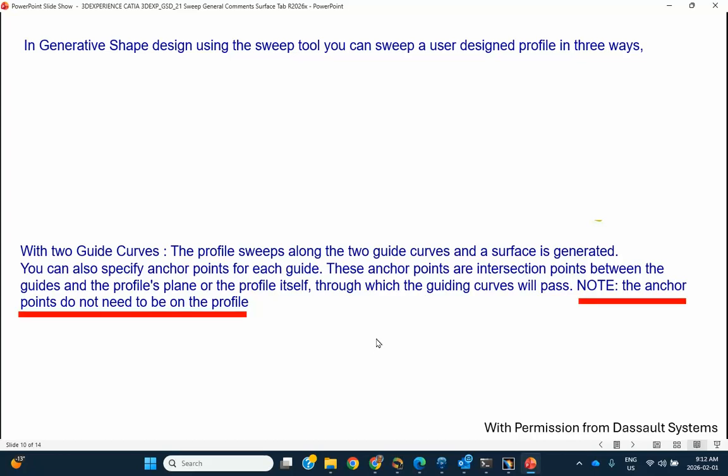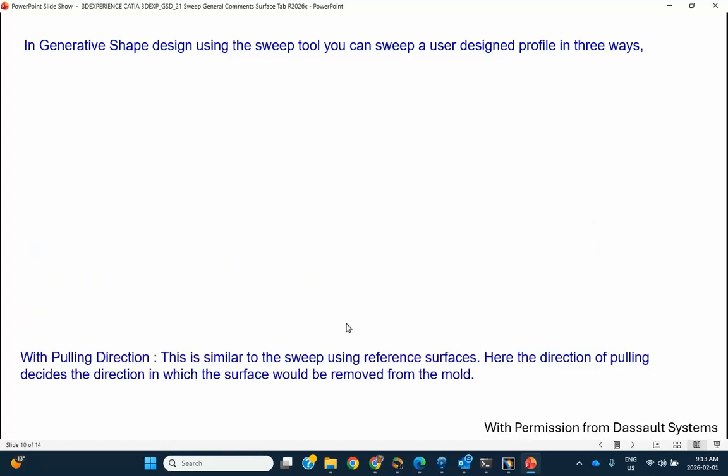For example, as you sweep, the shape of that profile can change, and you can specify anchor points. For example, in the case of sweep along two guides, it may not actually be those two guide locations, but maybe two arbitrary points that you're going to specify. Those are called anchor points, and there are a lot of options like that.